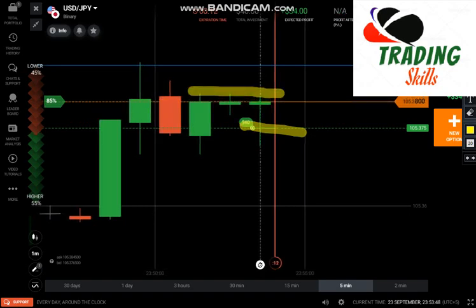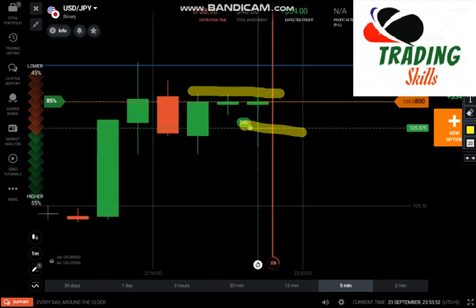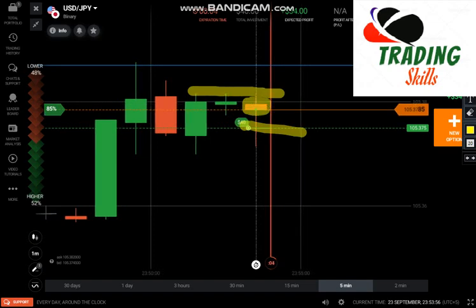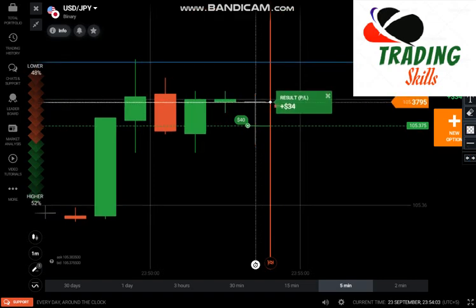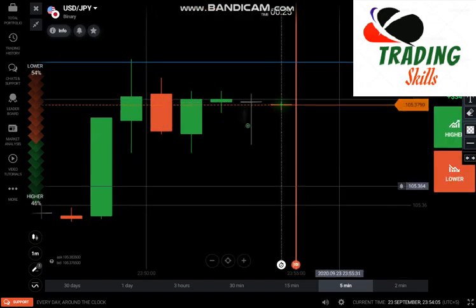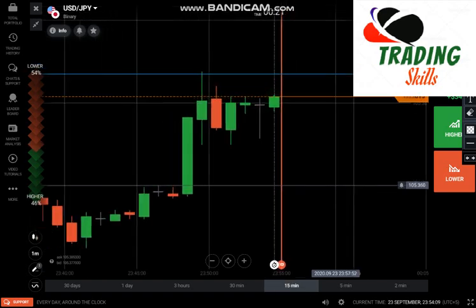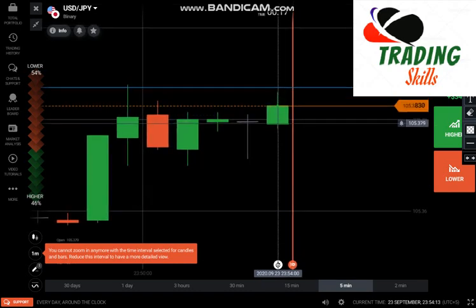Okay, it has to close as a bearish. My analysis says okay, so let me take another trade, and if the candle comes down I will take my trade again.